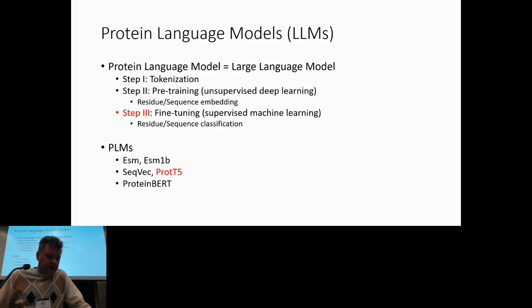It involves 3 steps. So we have a sequence of any length of any amino acid composition. We tokenize it, and then we run large step.